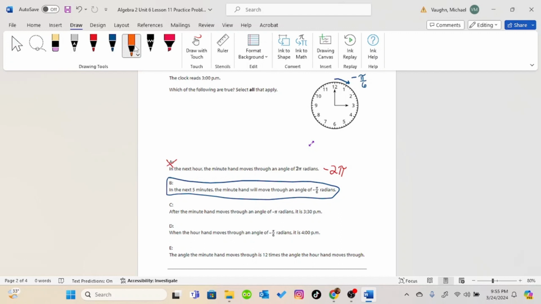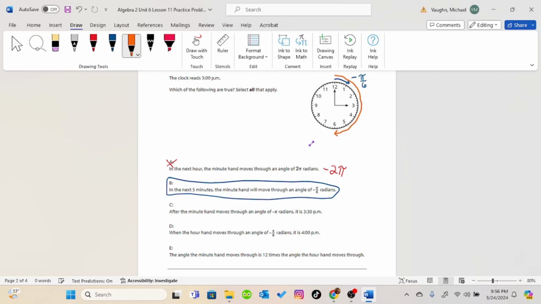Choice C. After the minute hand moves through an angle of negative pi radians, it is 3:30 p.m. So this means we've moved from the top of the clock and we complete a clockwise rotation of a half circle.